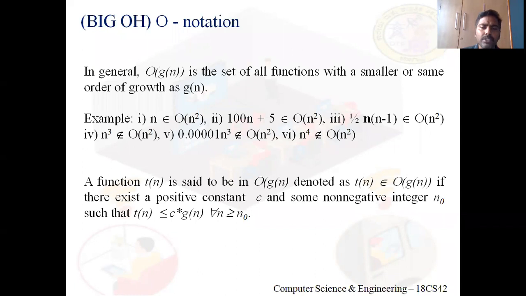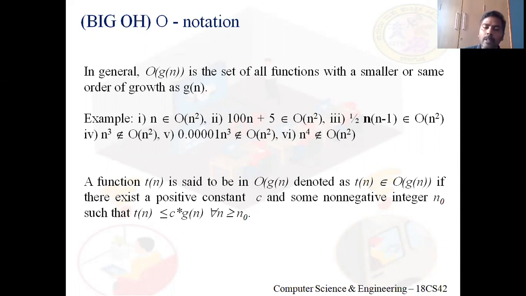if there exists some positive constant C and some non-negative integer n naught such that t of n is less than or equal to C into g of n, meaning the growth rate of t of n is lower than or equal to the growth rate of the right-hand side. Got it? Now, suppose I plot a graph for t of n and g of n.